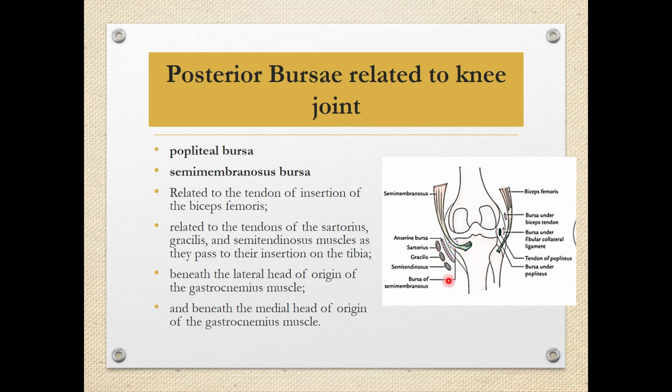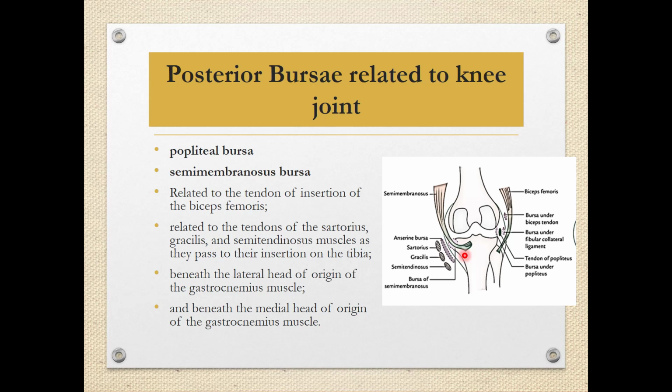Then there will be one bursa which is also called the anserine bursa. I have told you about 3 muscles which insert over the tibia and are named pes anserinus. They are sartorius, gracilis and semitendinosus. So there will be one bursa which is beneath the 3 muscles, sartorius, gracilis and semitendinosus. This bursa is called the anserine bursa.